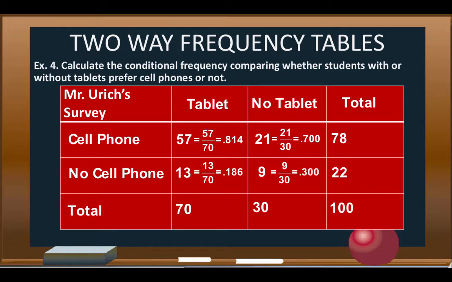He wants to see if they have at least something that can be used to maybe check Canvas or PowerSchool, even if he can't do very many homework assignments on it. Well, he can look at this and see that 30% of students who do not have a tablet also do not have a cell phone. So he would have to take that into account when he is deciding what to do with technology inside and outside of the classrooms.